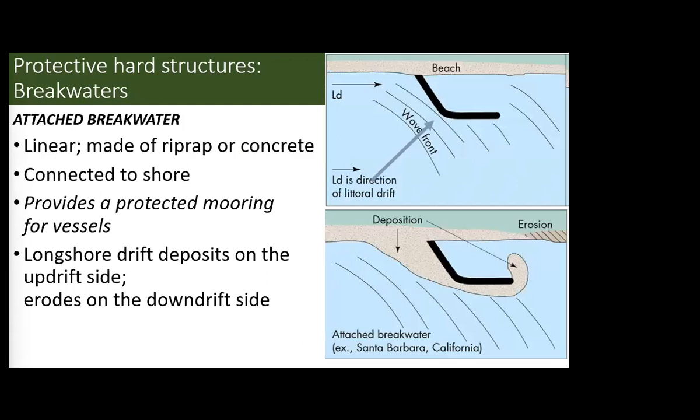You can also have breakwaters. So these are really important just because they can create protection for mooring. So if you want to create a harbor on the beachfront because you have a deeper basin right there, you can create this breakwater, which is made of the same materials.